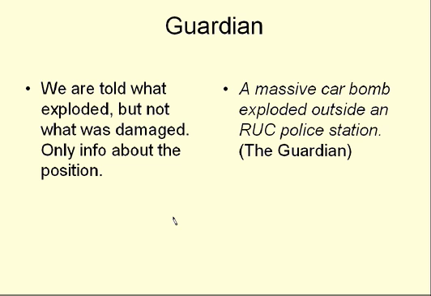And here we are told what exploded, a massive car bomb, and where, outside, but only information about the position. So a massive car bomb exploded, and exploded is an intransitive verb here, so there's no transitivity involved.